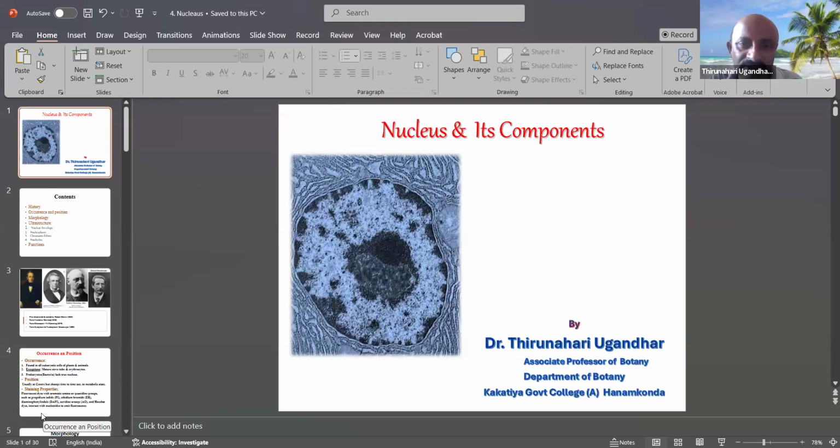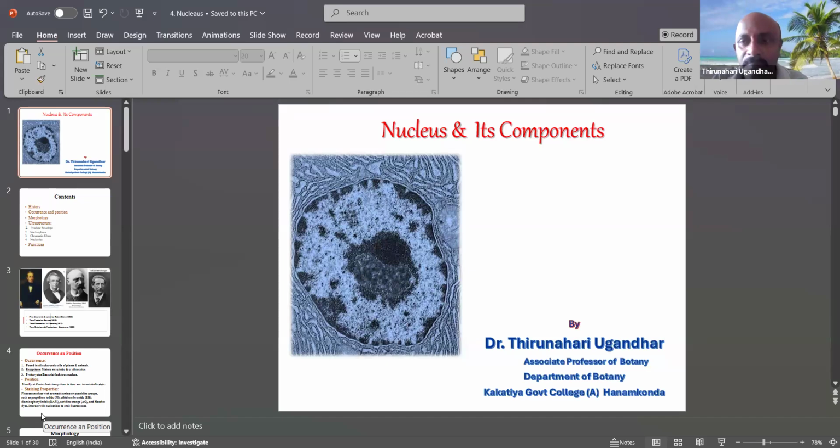Today we are discussing that the nucleus plays a major important role in the cell, in the plant cell or animal cell. The nucleus is mainly located in the center part of the cell, in the protoplast, or in the peripheral part. A cell can have a single nucleus or more than one nucleus, and the nucleus performs all major functions in the cell.